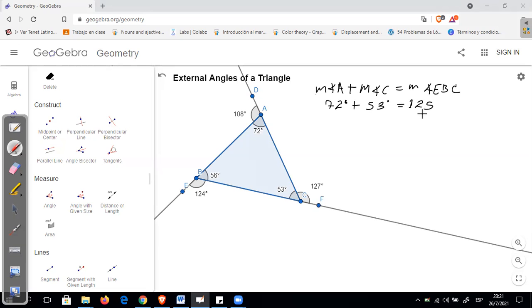Okay, in this case, you can see it's not exactly the same value, but remember that we are not rounding this angle, so it's near to just one value, 1 degree. So we can say that this is true.